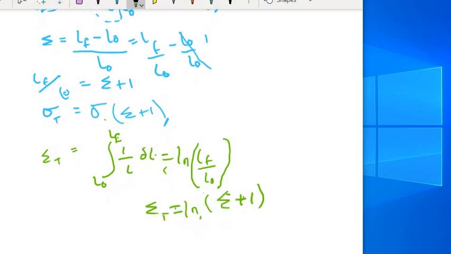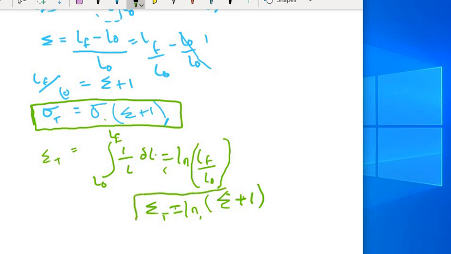So there you have it. Your true stress is equal to your engineering stress multiplied by your engineering strain plus 1 in bracket, while your true strain is equal to the ln of your engineering strain plus 1.